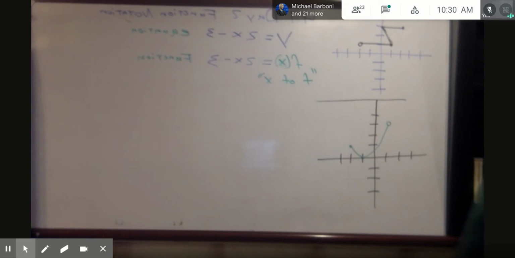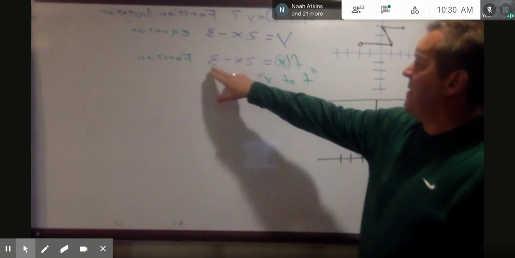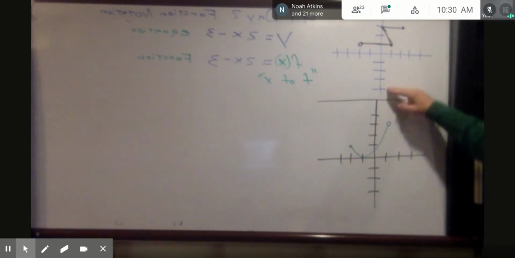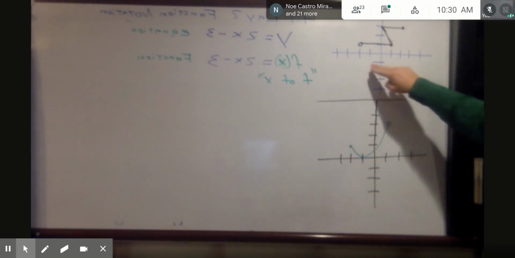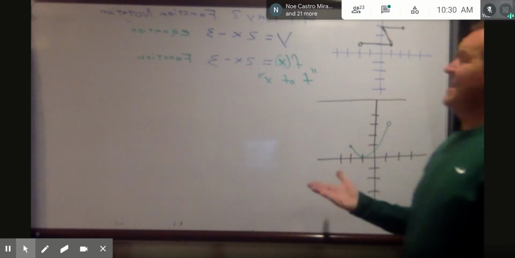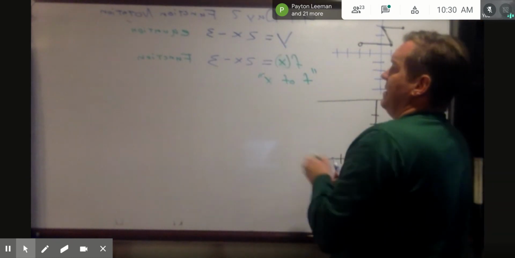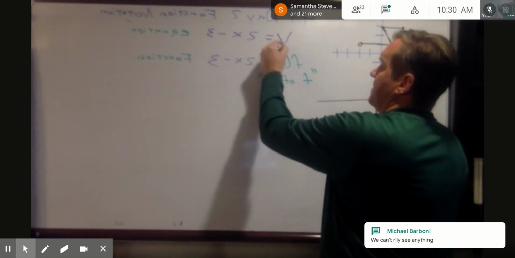Okay, now the difference here is basically nothing. If I go to graph this function, I would still start down 3 and go up 2, right 1, up 2, right 1, up 2, right 1. It's just a different way of writing it. All right? These two things basically mean the same thing.